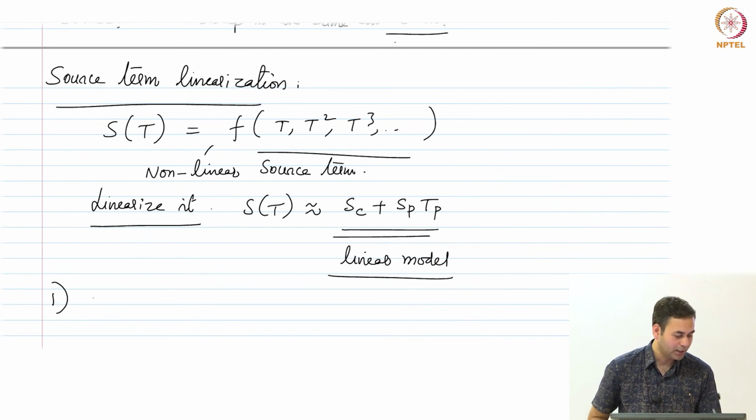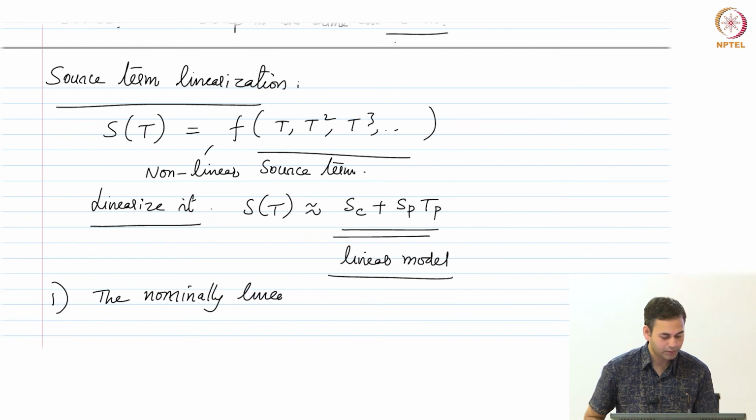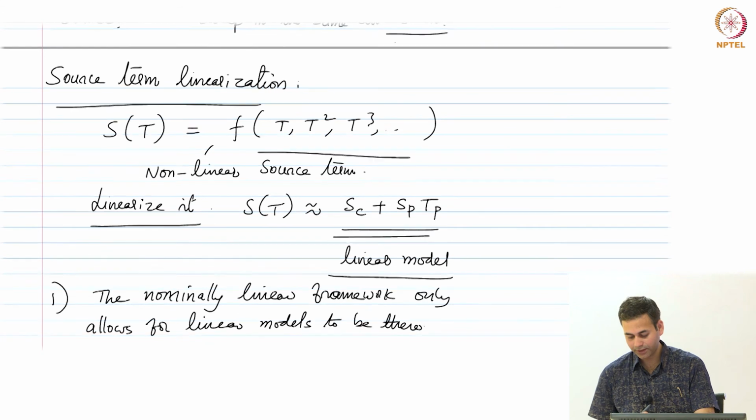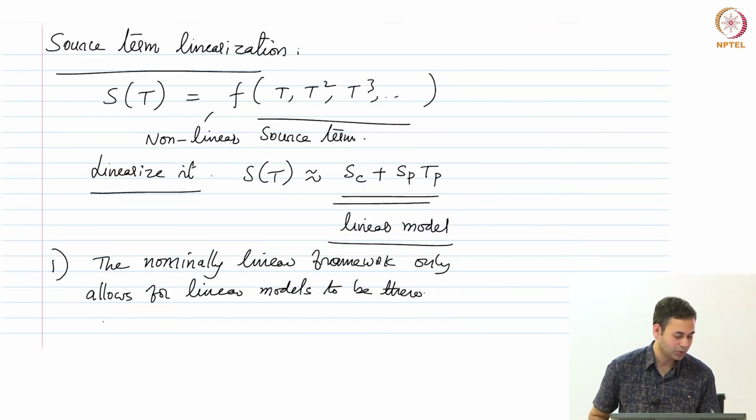So, the linear framework only allows for linear models to be there. That is why we must linearize the source terms.